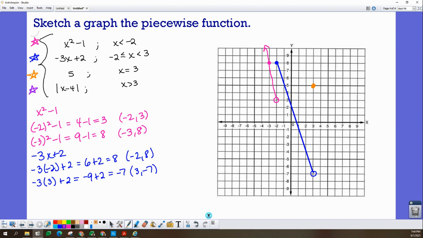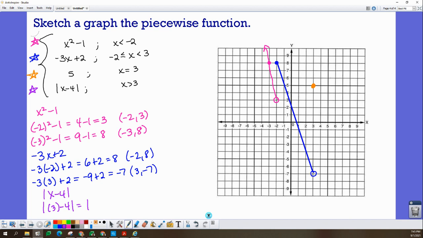when x is greater than 3, the graph will be the absolute value of x minus 4. Well, that's an absolute value that has a horizontal translation to the right 4 units. So let's evaluate the absolute value when x equals 3. So I'm going to plug in 3 for x.